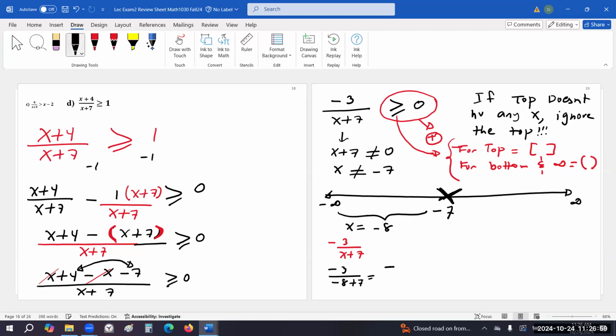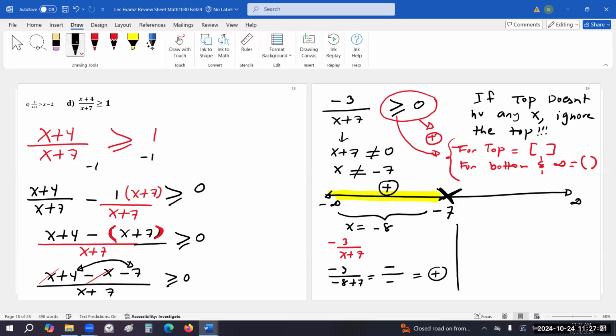So the numerator is negative. And what sign you get from the denominator? Negative. Negative, negative turns into positive. And you're looking for positive. So definitely this will be inside our solution.